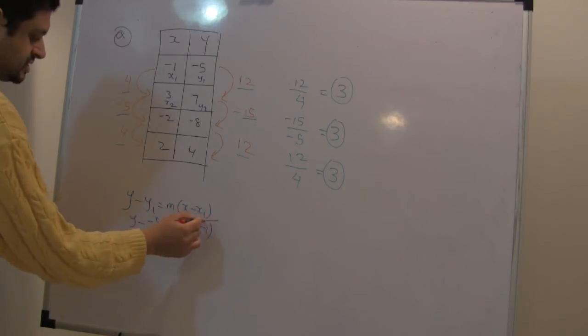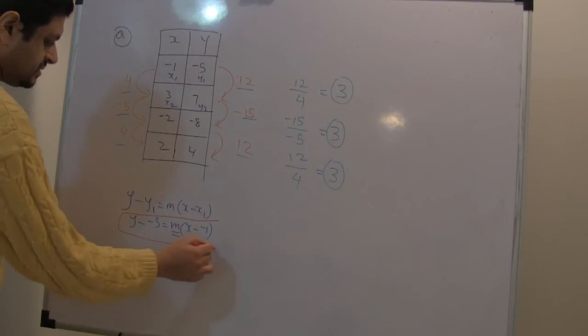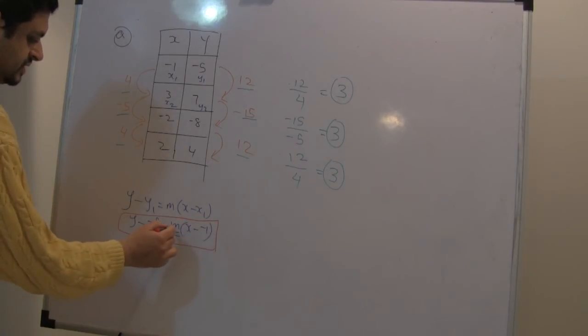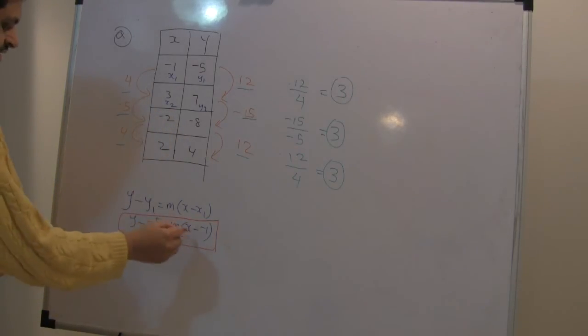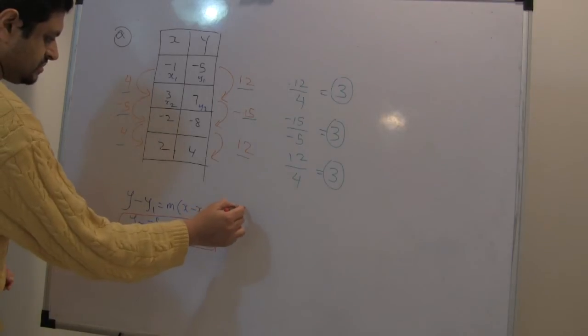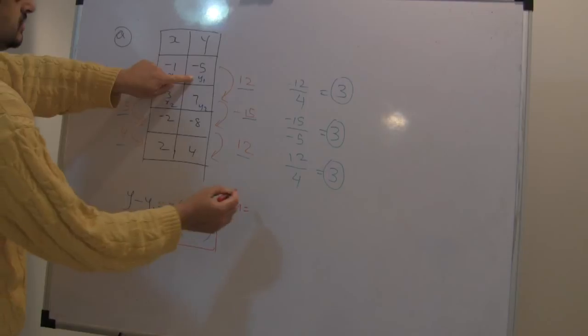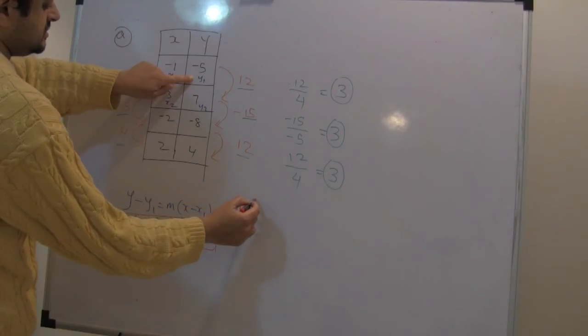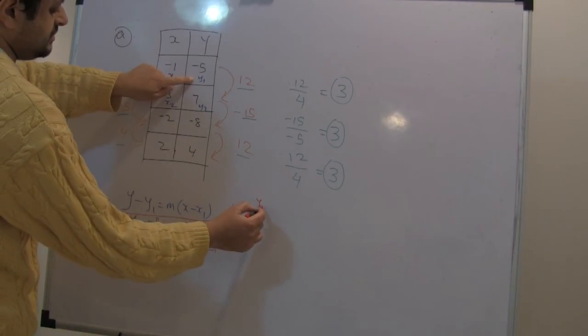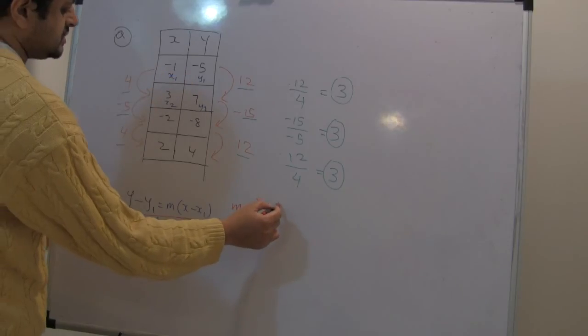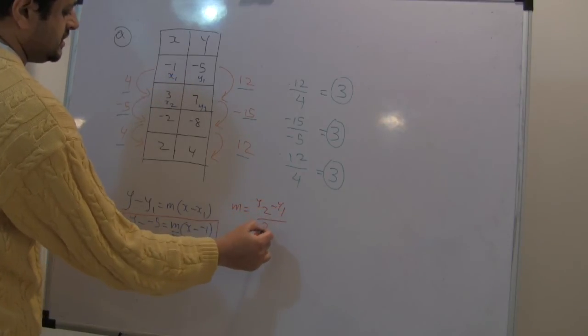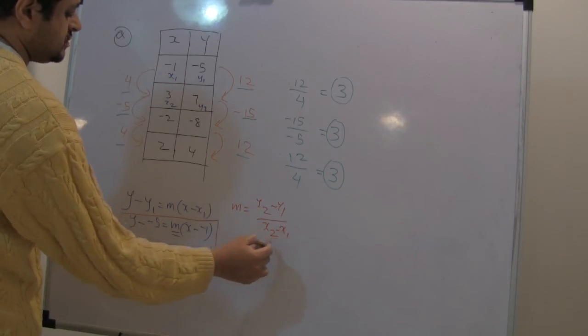We will come back to this equation in a little bit, but let's find what m is now. The slope m is y2 minus y1 divided by x2 minus x1.